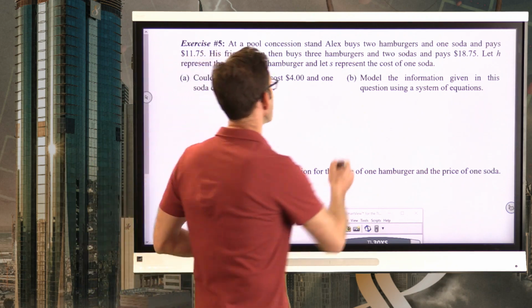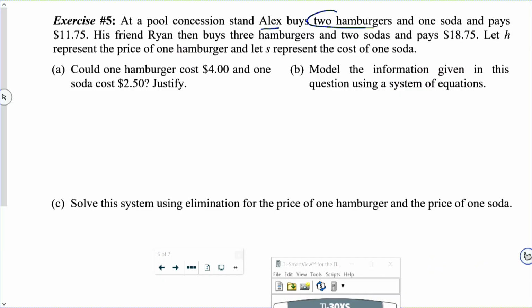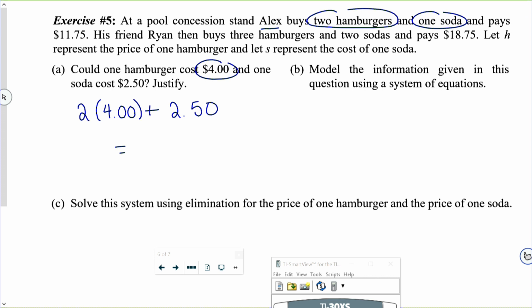So what does Alex buy? Alex buys 2 hamburgers, right? So what are we saying? A hamburger costs $4? So 2 times $4 plus 1 soda, right? And we said a soda costs $2.50. That's going to be 8 plus $2.50, and that's going to be $10.50.